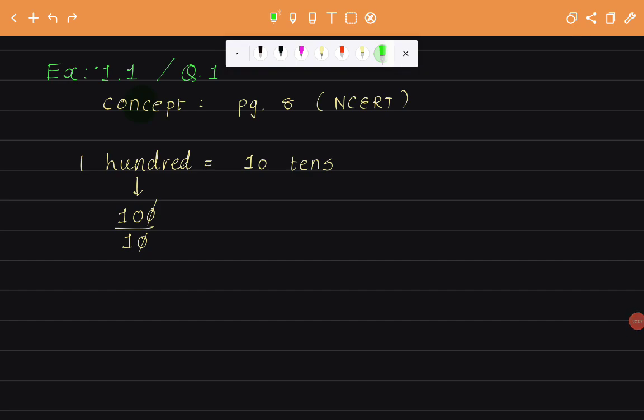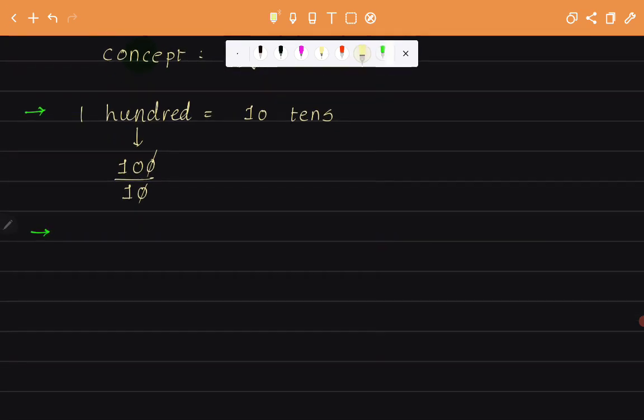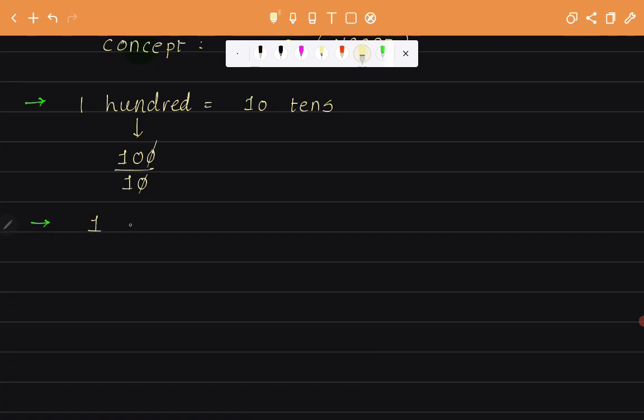Now let's understand the second one. It says that 1000 is equal to 10 hundreds. Now the question is, how do we know about this 10?